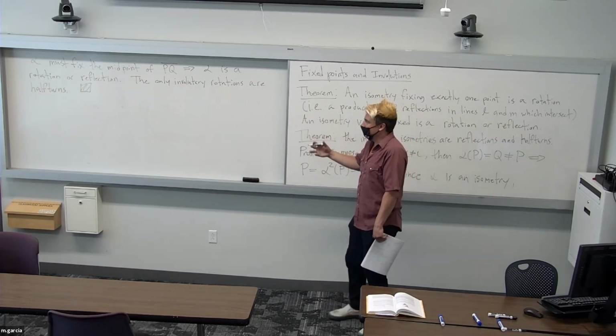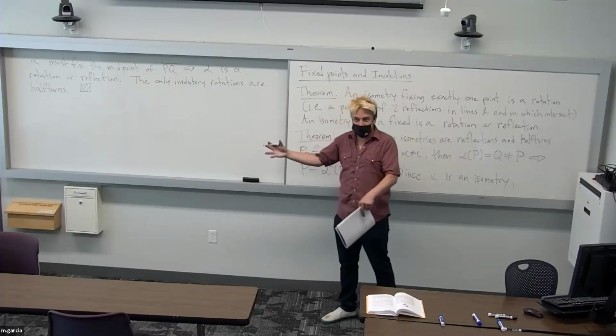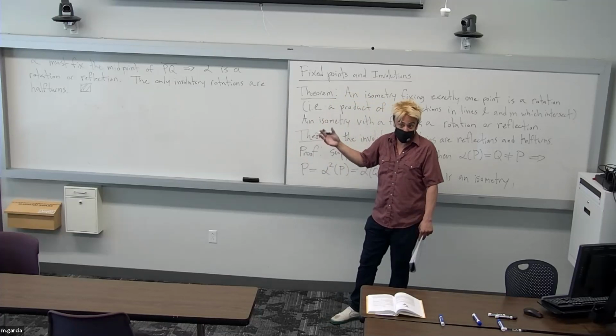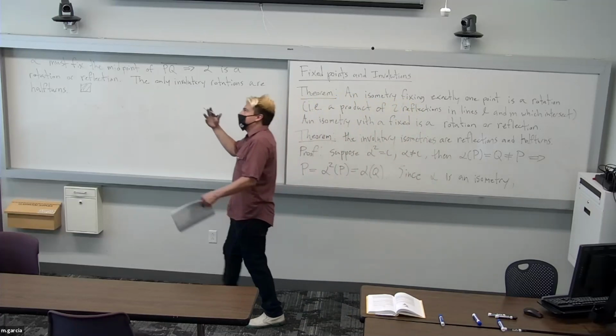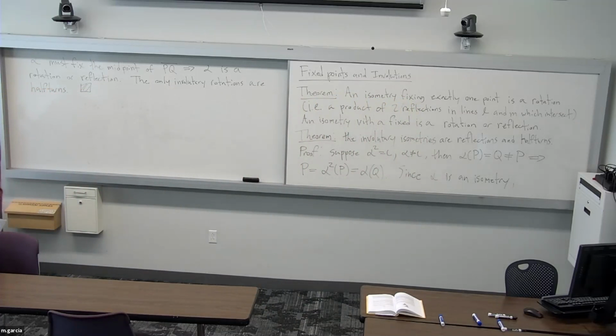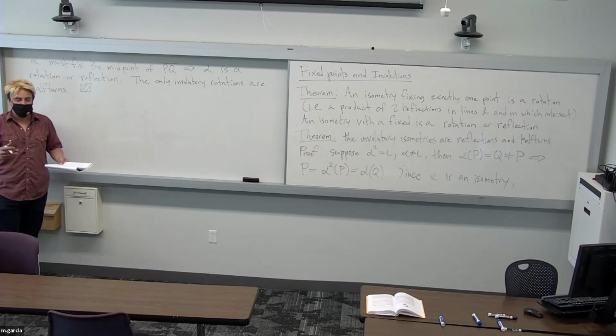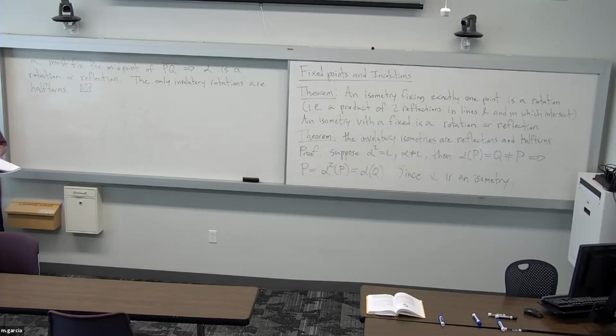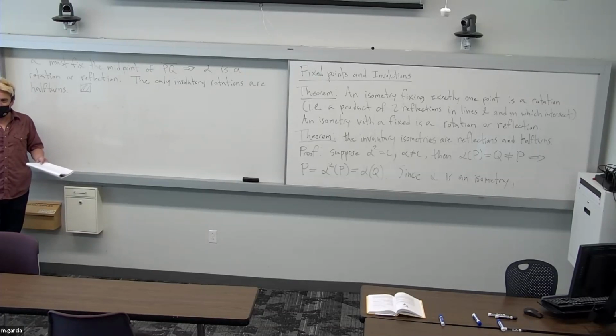But now we have all the classification work out of the way to say that this is in fact the case. You might be able to conceive of having something else that is an involution that does not just turn 180 degrees or flip around a line. But in fact, life is actually that boring. Thanks to isometries. Which is why it's so important that we study their properties, so that we can put results such as this that we believe intuitively to be true on solid theoretical foundation. Okay?